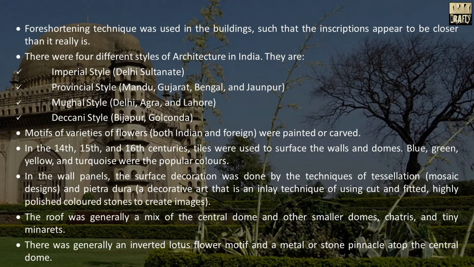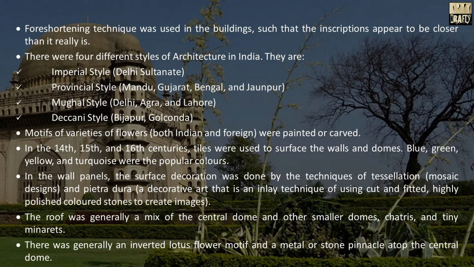In the wall panels, the surface decoration was done by the techniques of tessellation, mosaic designs, and pietra dura, a decorative art that is an inlay technique of using cut and fitted, highly polished colored stones to create images.